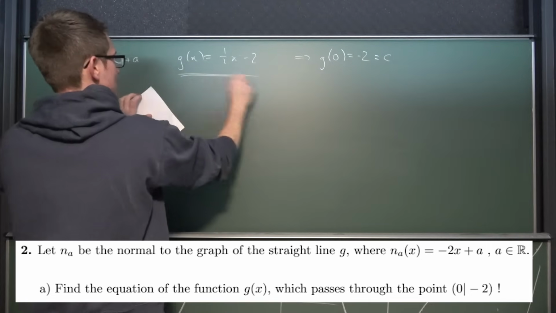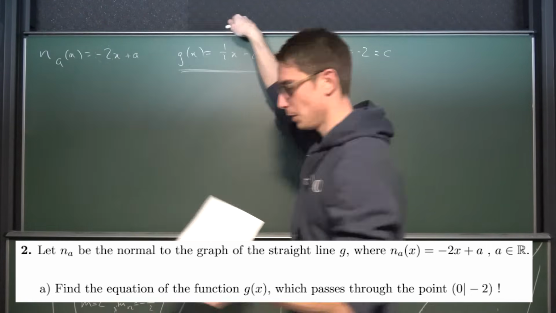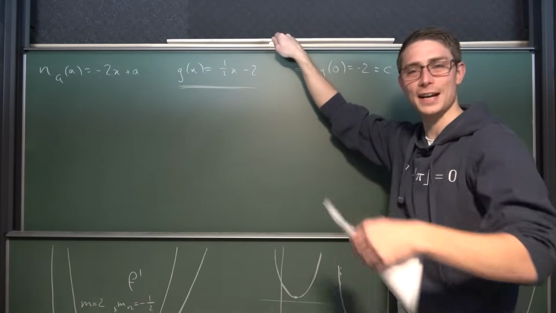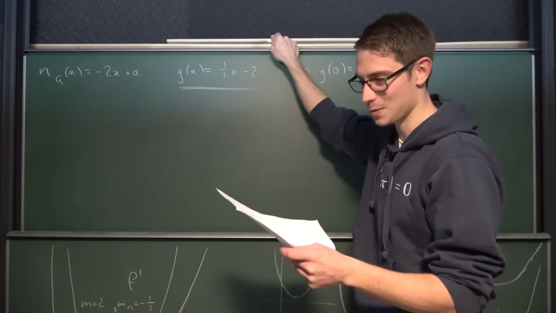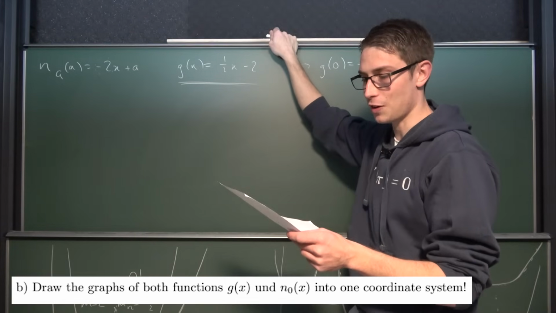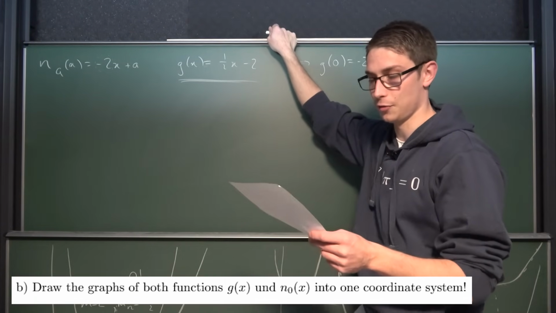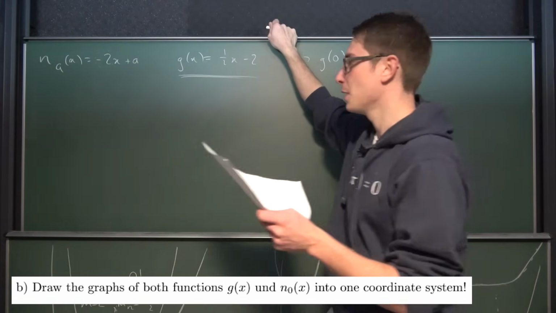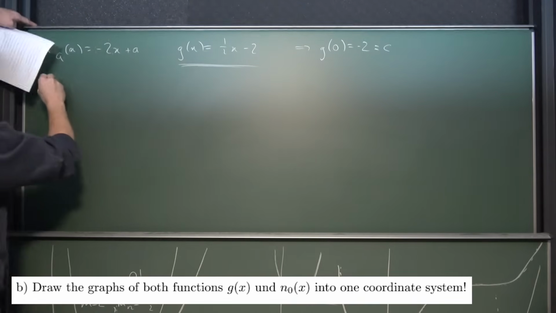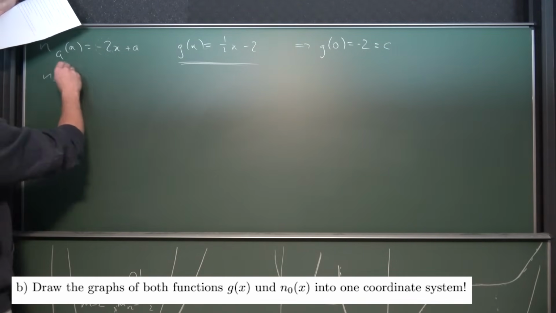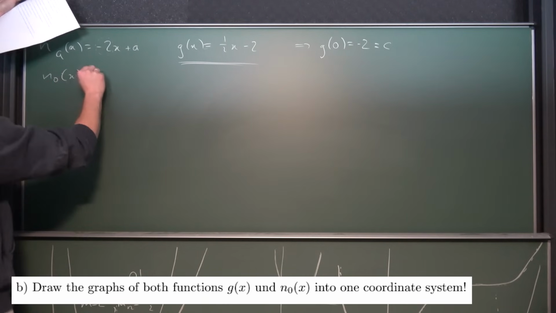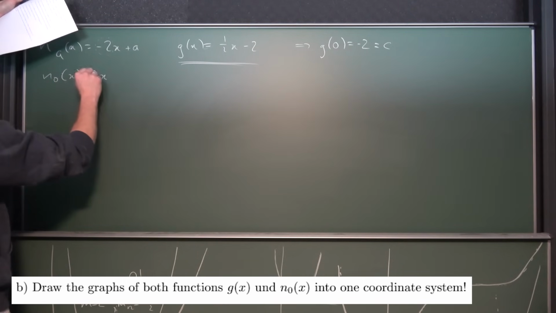Okay, so we got this right here and we got our normal. Now, the next part of the exercise is getting a bit messy over here, I'm terribly sorry. Draw the graphs of both functions g of x and n_0 of x into one coordinate system. Now, what is n_0 of x? n_0 of x is going to be the same as -2x.